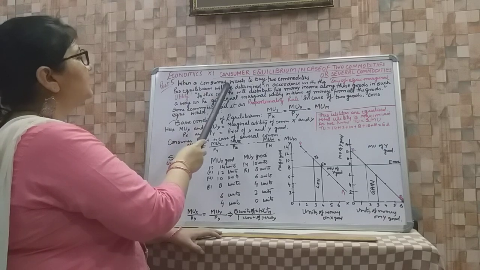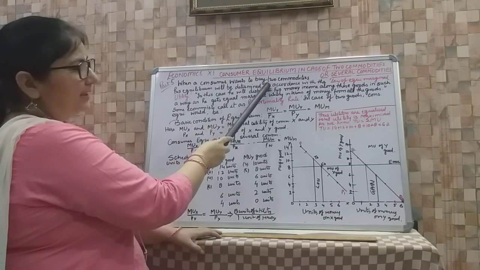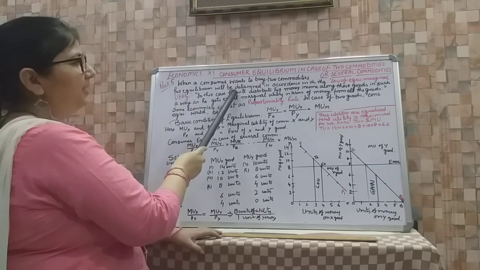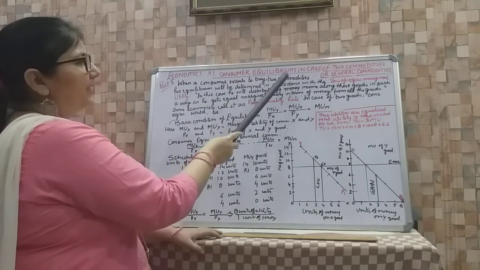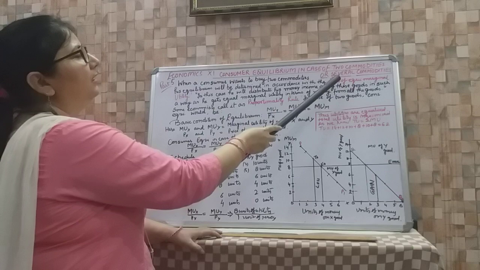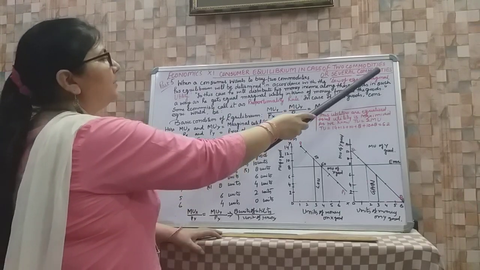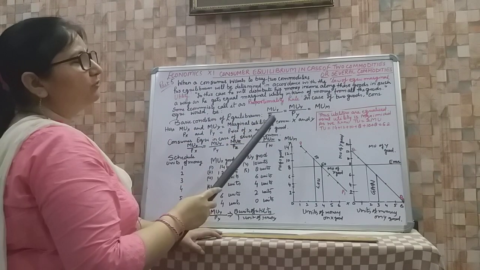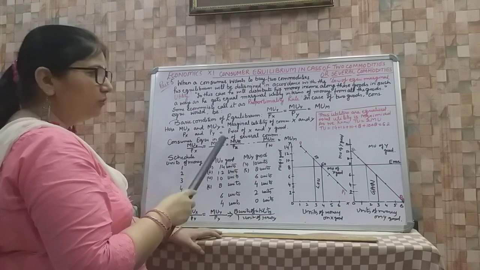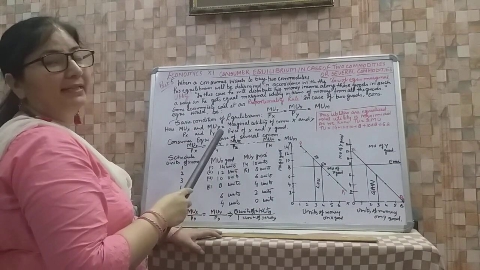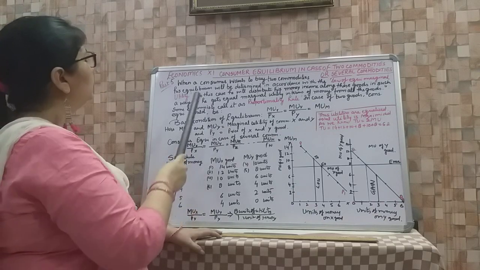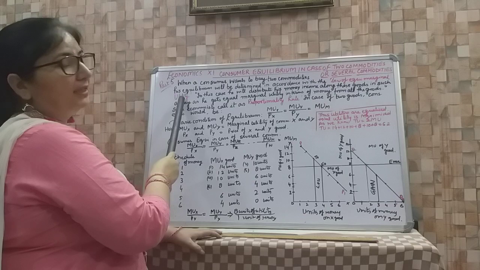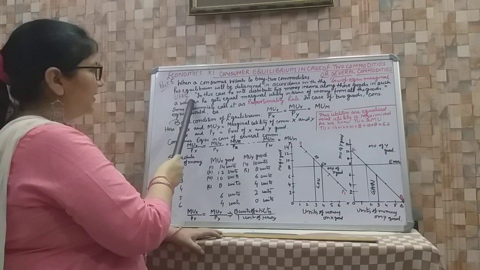When a consumer wants to buy two commodities, his equilibrium will be determined in accordance with the law of equimarginal utility. Law of equimarginal utility means all the units which you are using provide you different types of utilities, but that equality should be there in marginal utility.